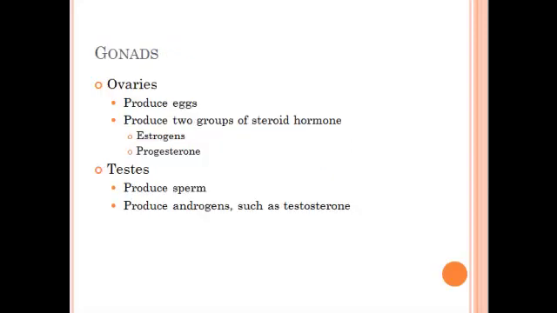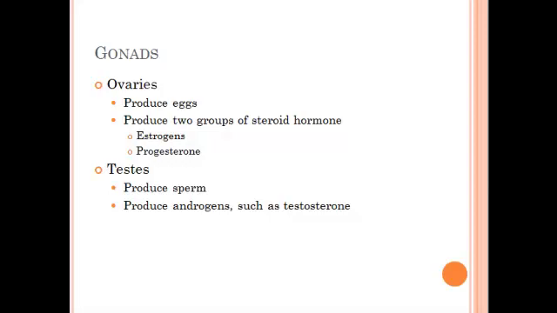You also have the gonads, so the ovaries in females, testes in males. One of the main functions, of course, is in females to produce eggs. Testes in males produce sperm. There's also hormones that are produced as well. In females, we have estrogens and progesterones that are produced by the ovaries. In males, in the testes, we have the androgens, such as testosterone, that are produced there.